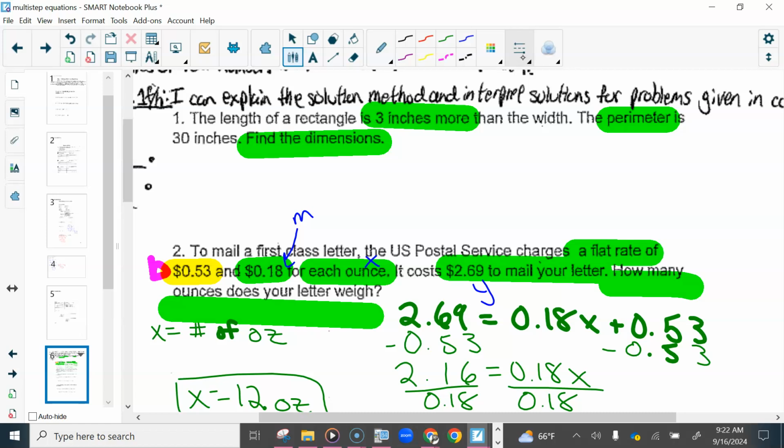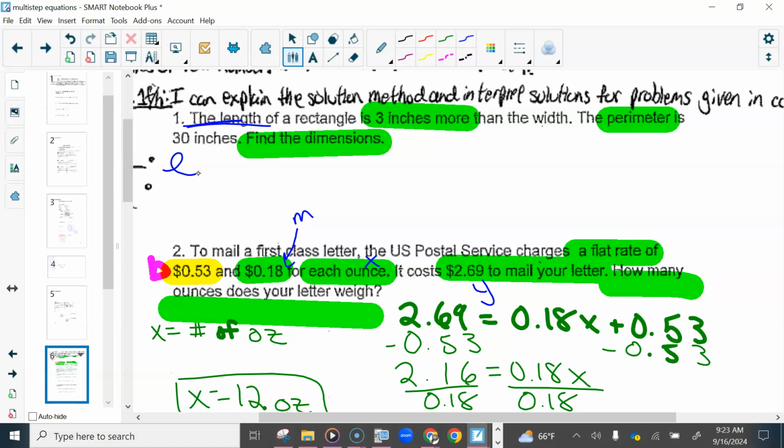So we need to know a couple different things about this. The first part of the sentence, the length of a rectangle is 3 inches more than the width. This is talking about the length. So I know in this case I'm going to have two variables, the length and the width. And this is a cursive L, so that it doesn't get confused for one.